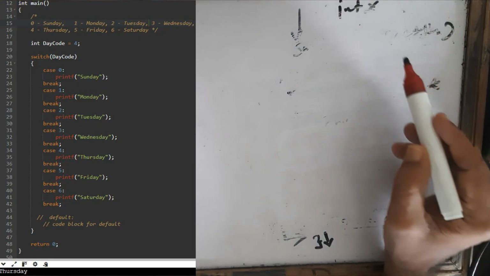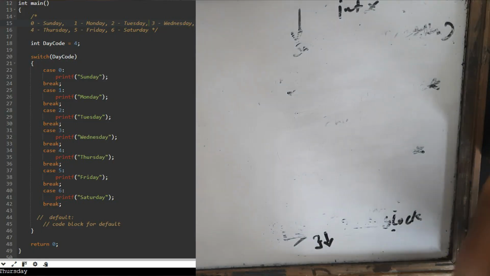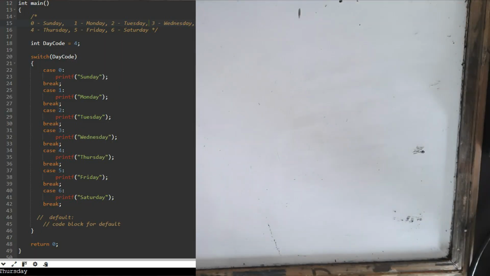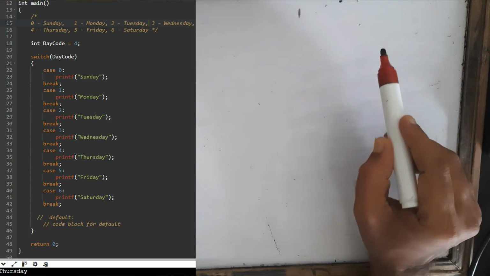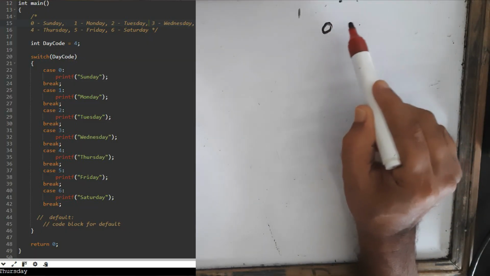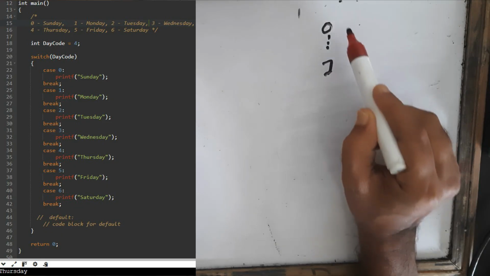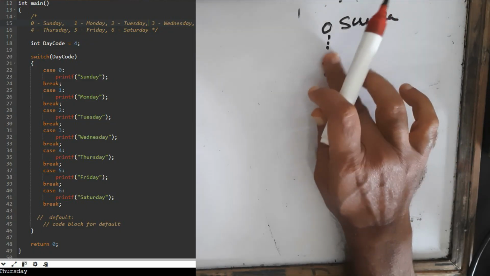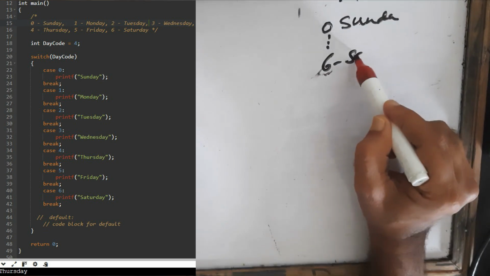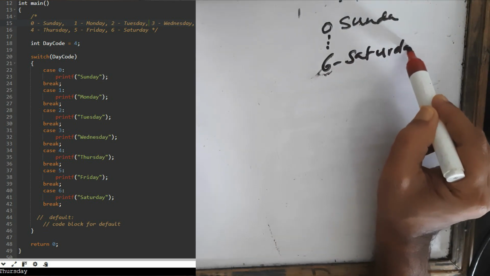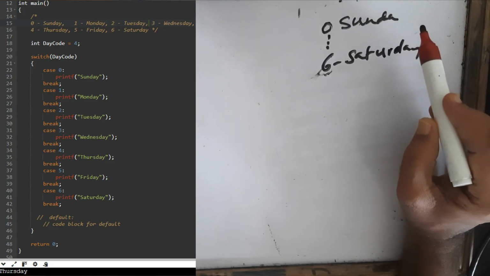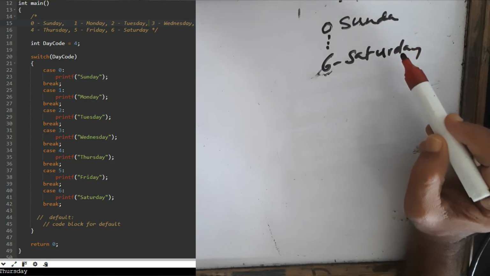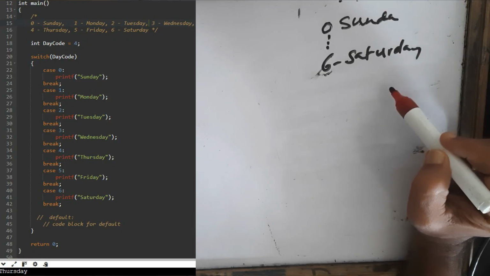You can see, as it is showing, 0 to 6, 0 meaning Sunday, and it increases Sunday, Monday, Tuesday, till 6. 6 means Saturday, like this. So we'll write the switch case for this, 0 being Sunday and 6 being Saturday.